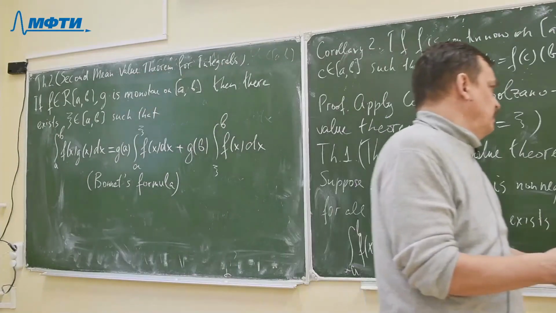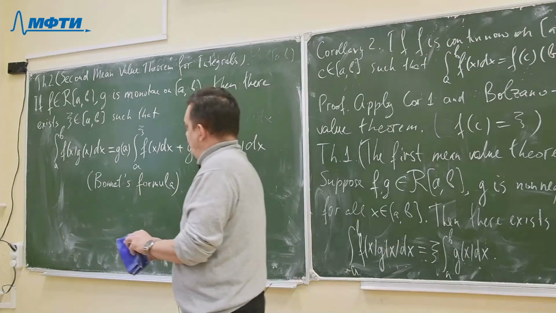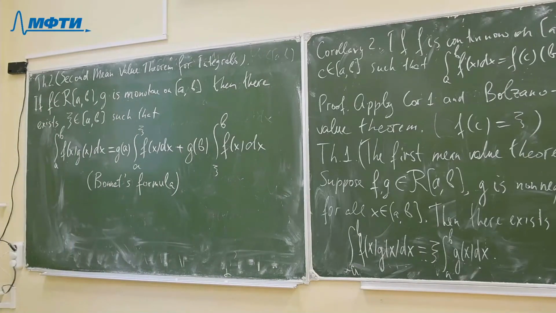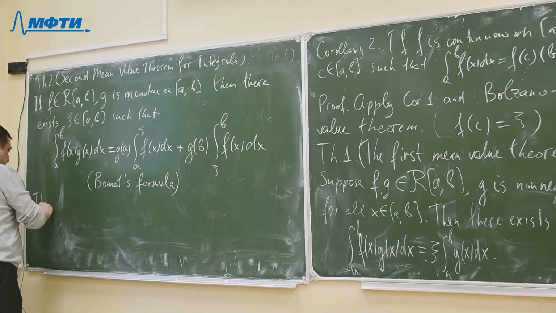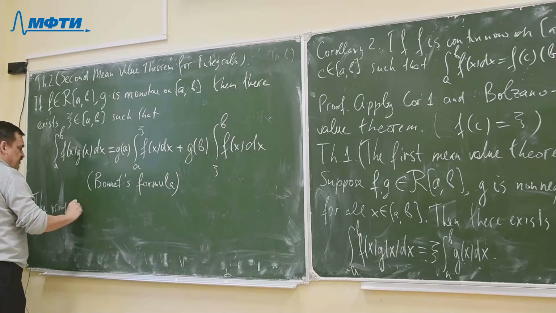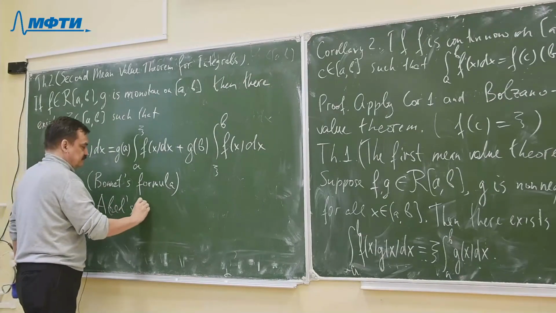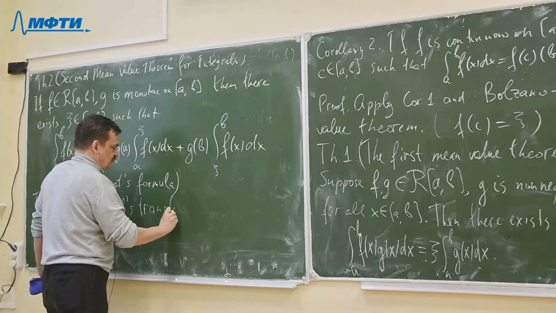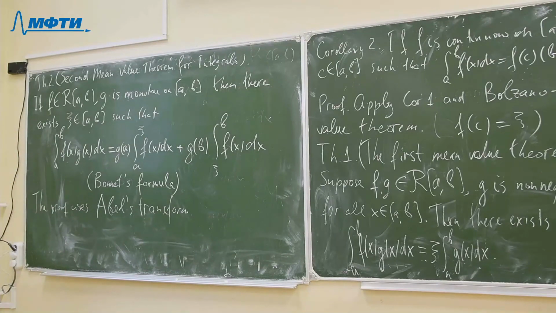It uses a very nice formula, a very nice transformation, which is called the Abel transform. And maybe I'll explain what it is.